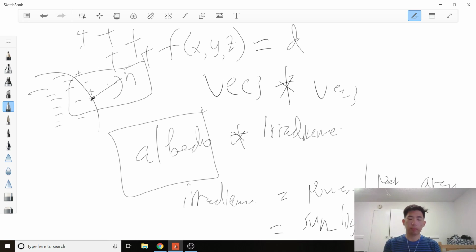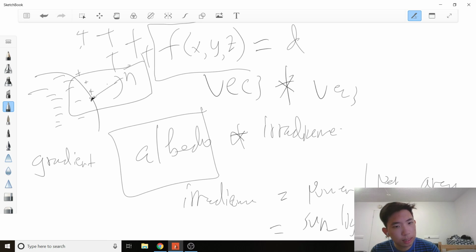There's a concept in multivariable calculus, I believe, called the gradient. It's the gradient vector, and it's used specifically for these cases when a function has multiple inputs. I believe it's denoted as the upside down triangle.